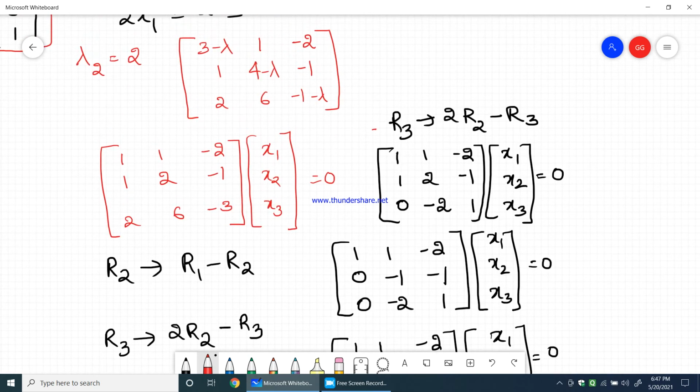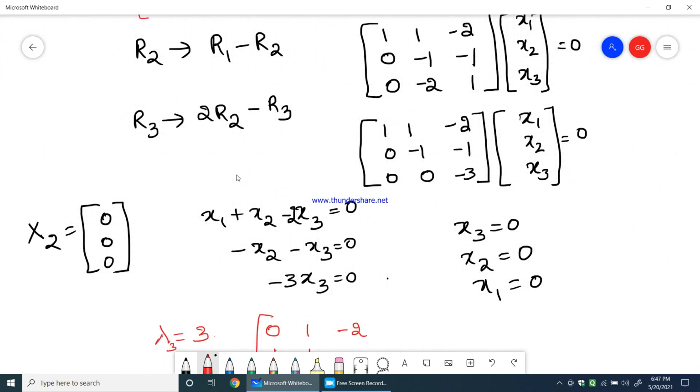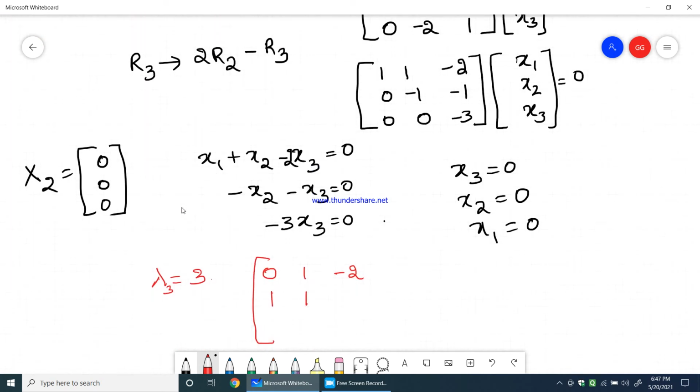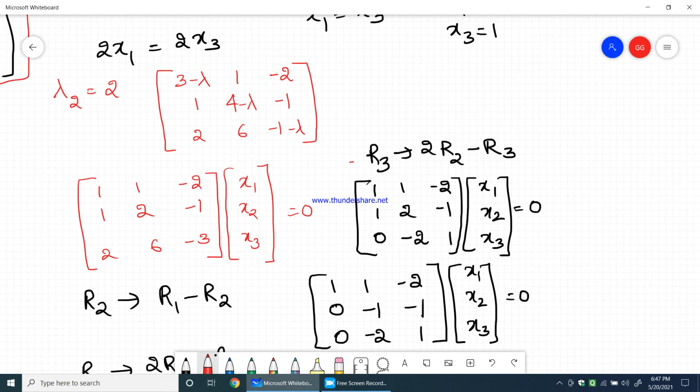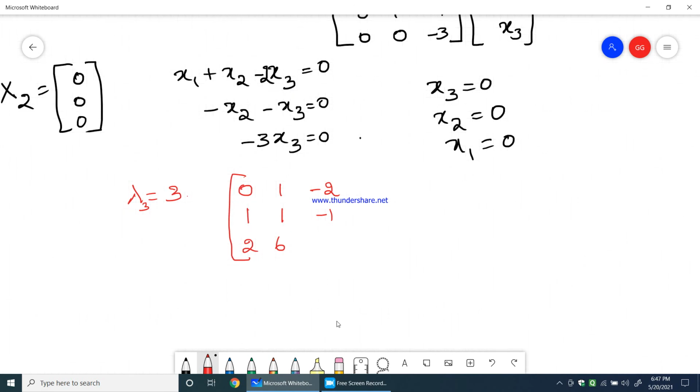Then the third element is minus 1. Here 2 and 6 will be as it is. The third row is minus 1 minus lambda, which is minus 1 minus 3 is minus 4, multiplied by x1, x2, x3. So what do we get?